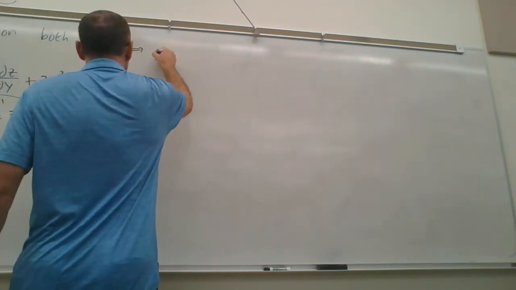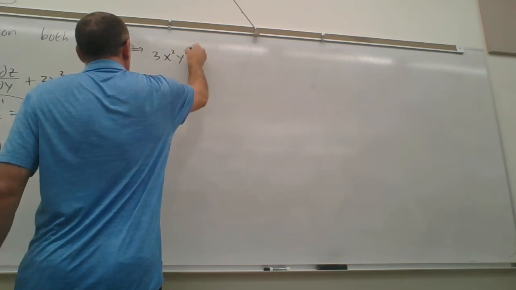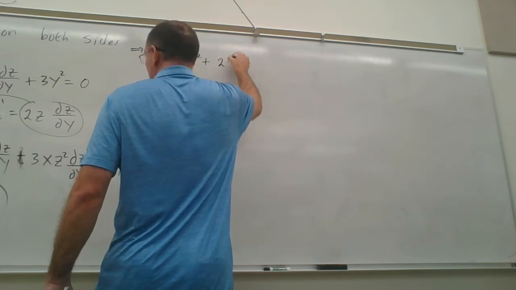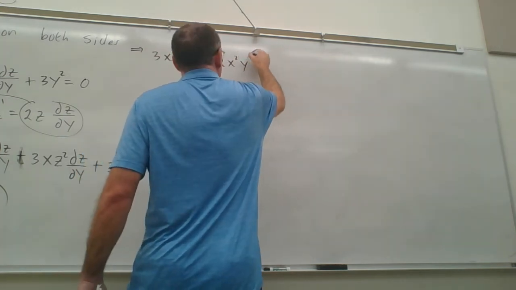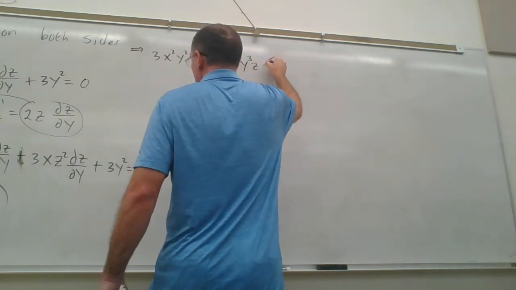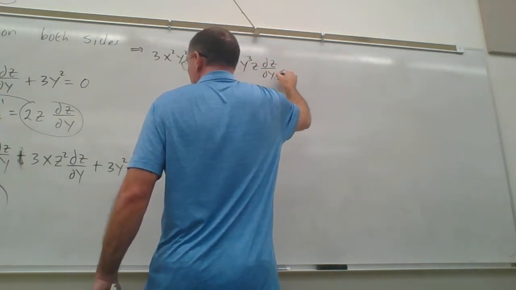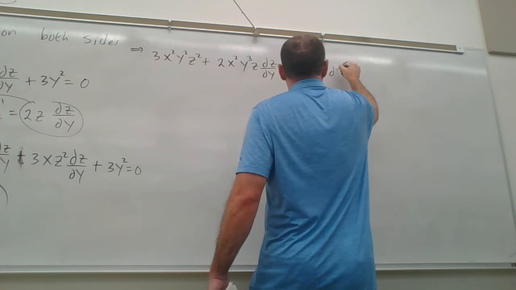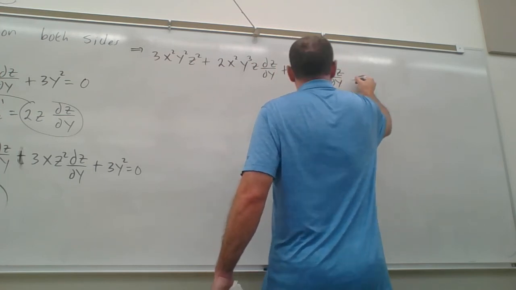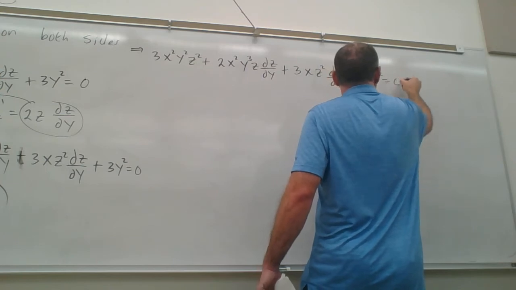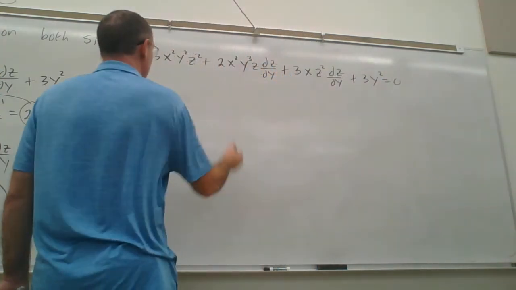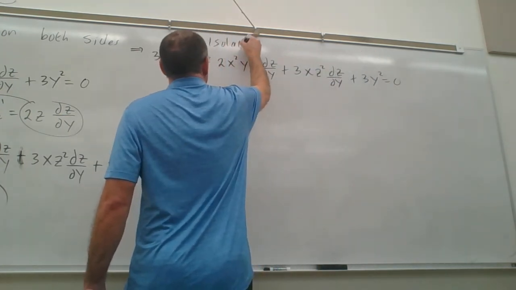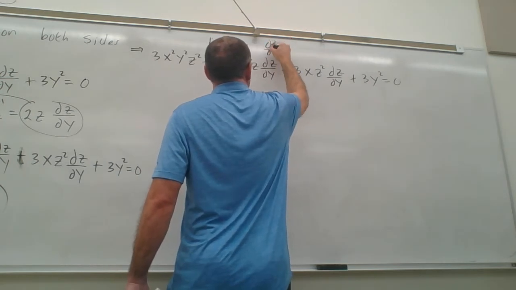We have 3x squared y squared z squared plus 2x squared y cubed z partial z with respect to y, plus 3x z squared partial z with respect to y, plus 3y squared equals 0. So again, isolate the partial z with respect to y terms.